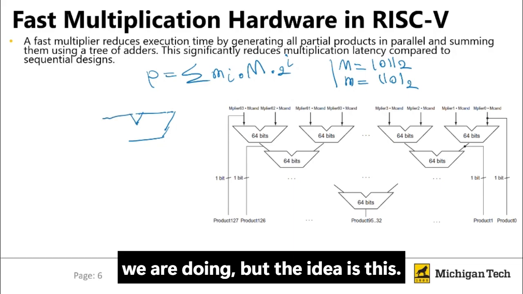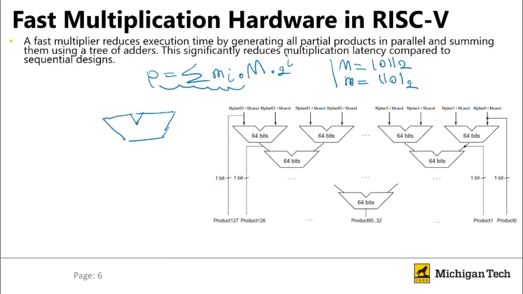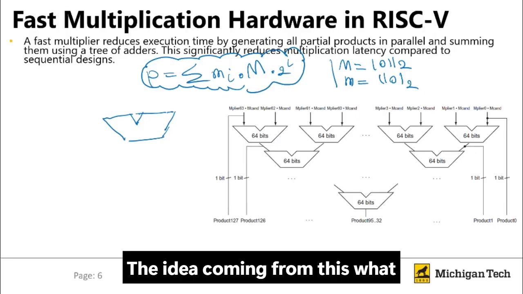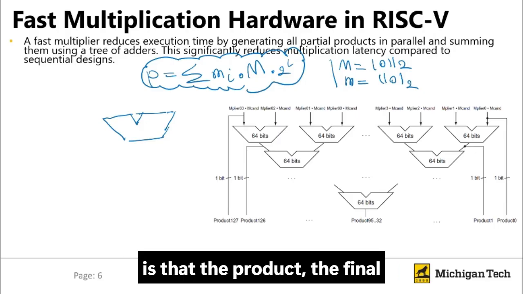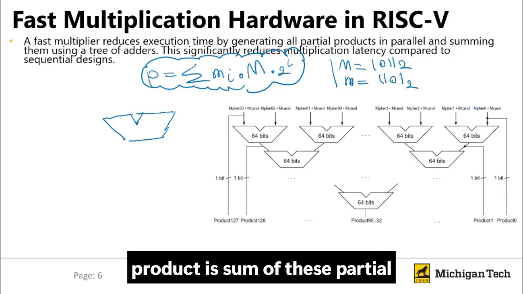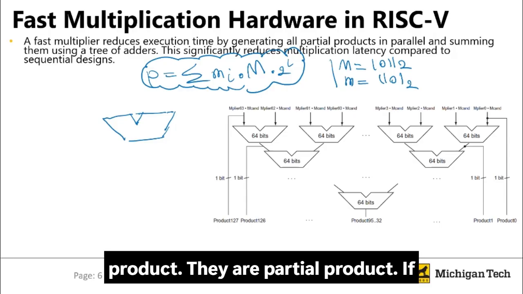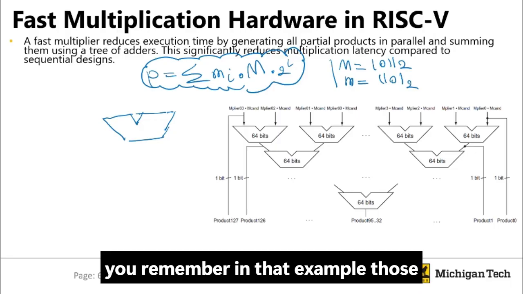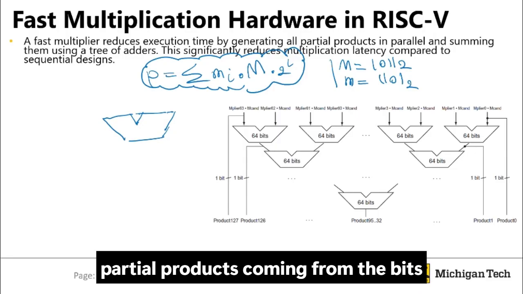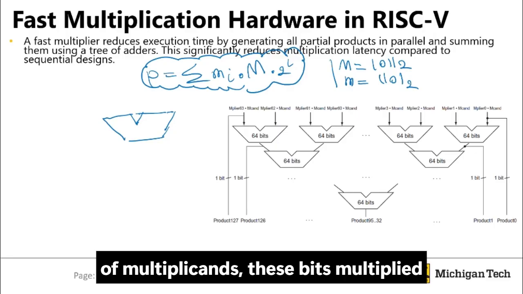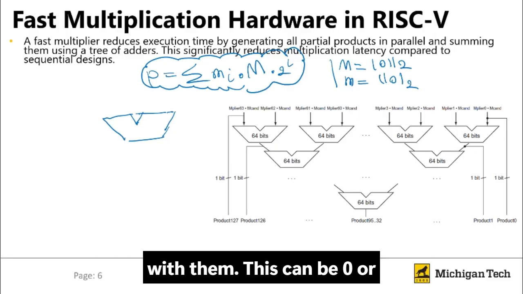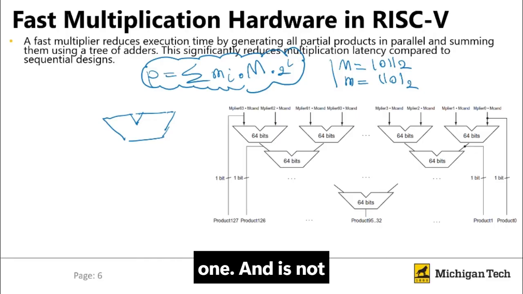The idea comes from this. The final product is the sum of these partial products. If you remember that example, those partial products come from the bits of the multiplier multiplying with the multiplicand. Each bit can be 0 or 1.